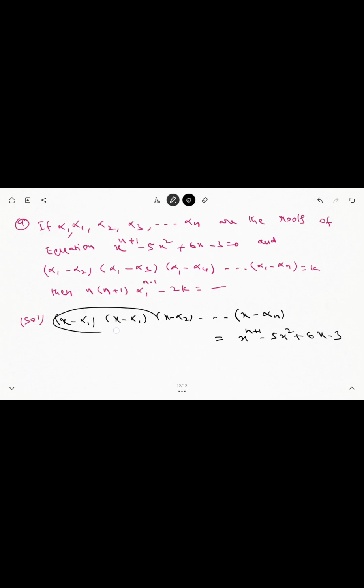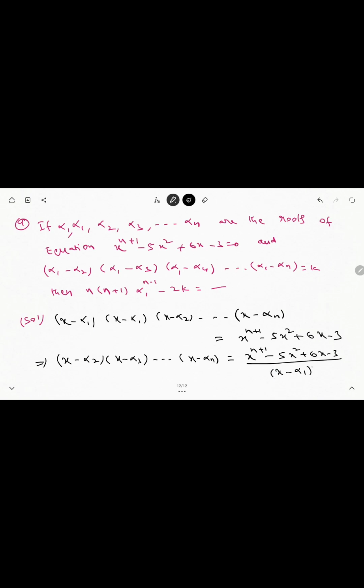So now cross multiply this x minus alpha 1 whole square, or 1 x minus alpha 1, because we need here alpha 1 minus alpha 2. So let me write x minus alpha 2 into x minus alpha 3, so on up to x minus alpha n is equal to x to the power of n plus 1 minus 5x square plus 6x minus 3 by x minus alpha 1 whole square.